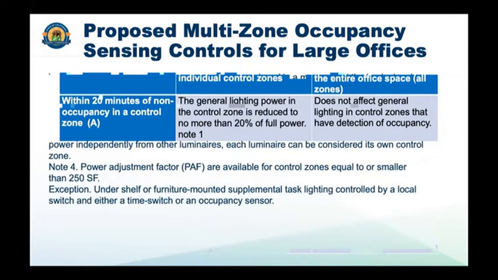This slide shows some more footnotes for the table. Note 1 and Note 2 are for the tables and tell details about those events. Note 3 is to clarify that occupancy sensors embedded as part of the luminaires are allowed.